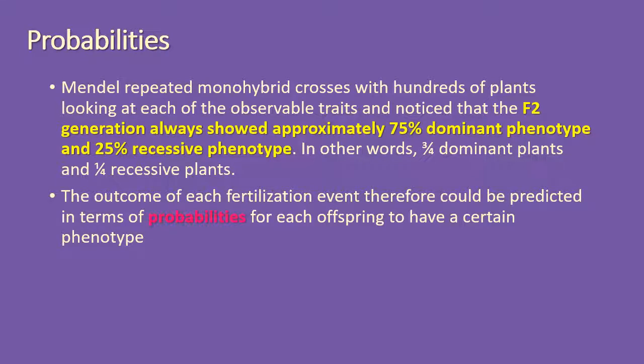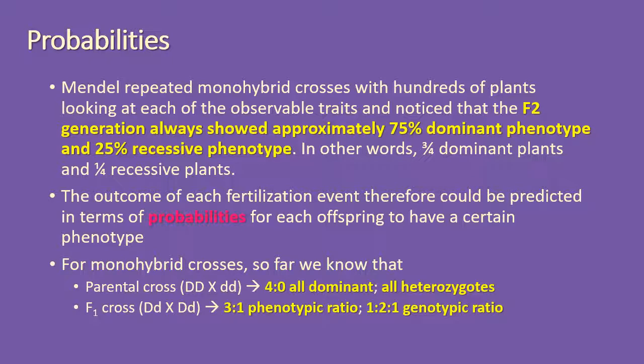So he was able to predict in terms of probabilities what each offspring would have every time he did a cross. Even before he did the cross, he knew what the results would be based on these ratios. And we're going to be doing a lot of those predictions moving forward.